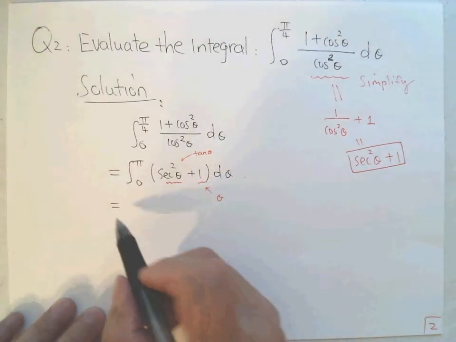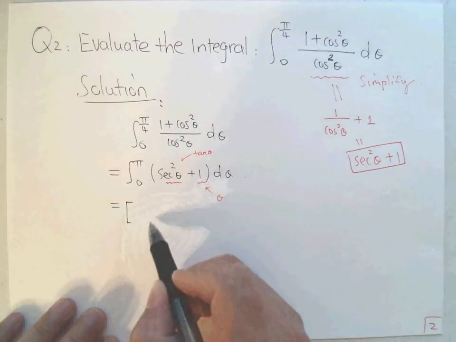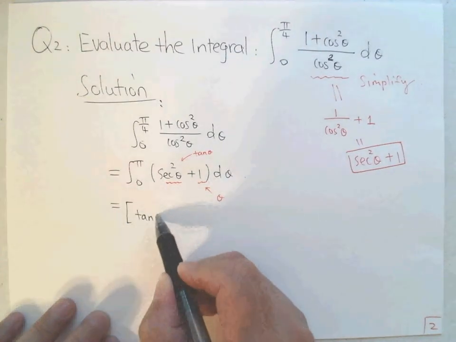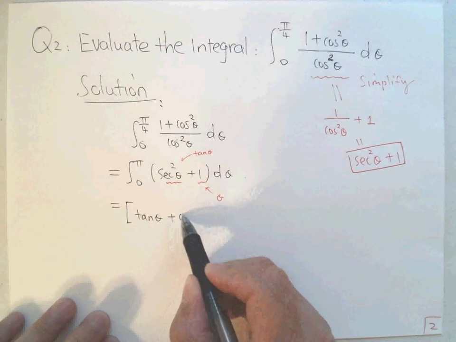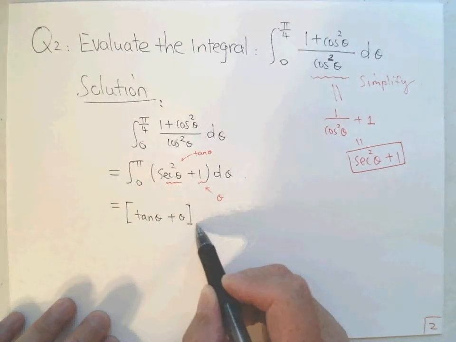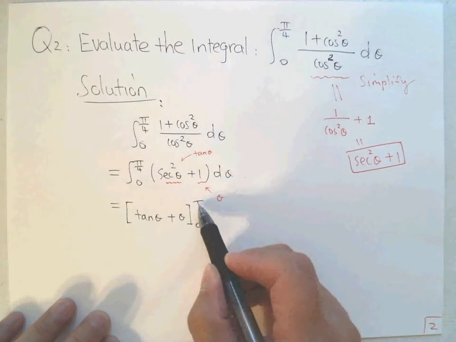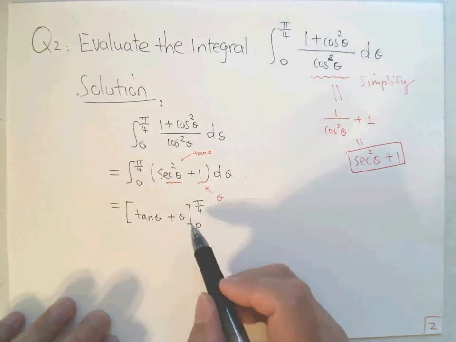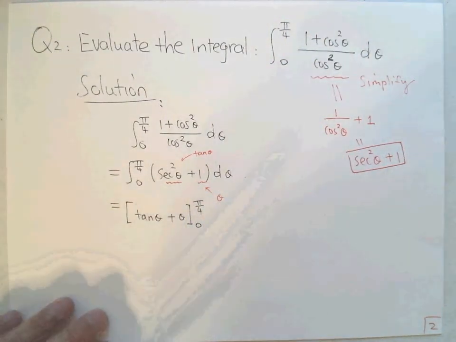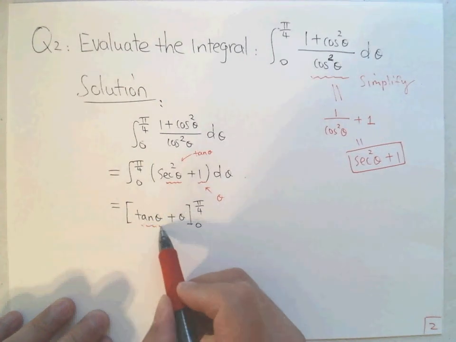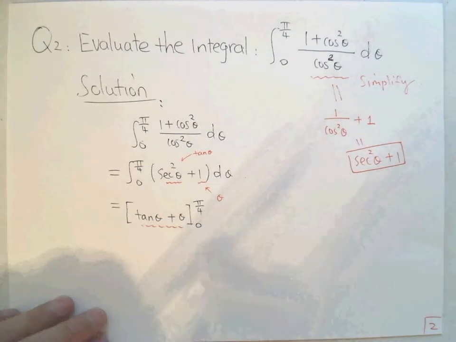So it is easy to find the antiderivative. Therefore, using the fundamental theorem, this is tangent theta, this is theta, and then the difference between 0 and pi over 4. This is the one antiderivative we need.